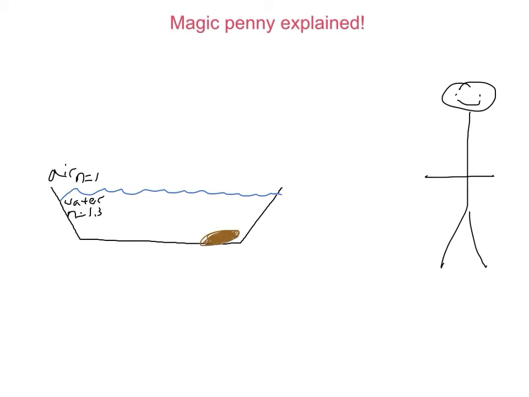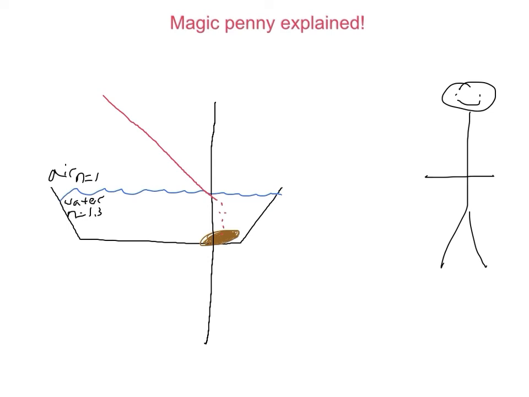Now what really causes it is not just one type of refraction, but two. So I'll draw in a normal line really quick, because we need something that's perpendicular to the media boundary. And here is the incident ray that just comes from the light in the room, and when it passes through the normal line, it refracts just a little and hits the penny, which is the little brown dot.